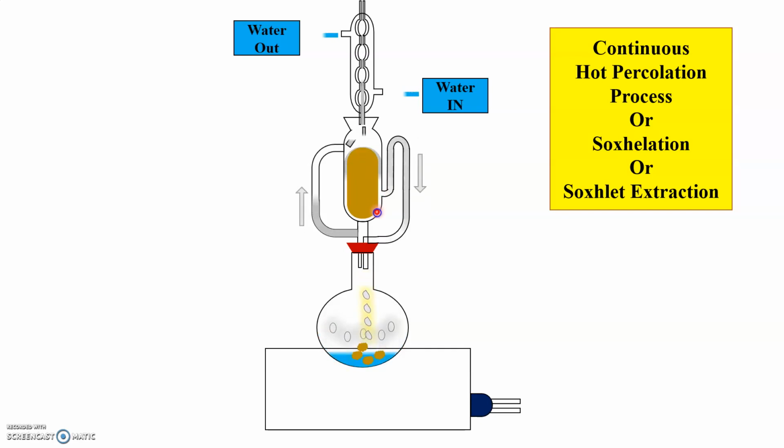And when the extractor gets filled, the siphon tube level raises up to its top, and in this siphon tube, the solvent containing the active constituent of the drug passes through the siphon tube and comes into the flask. The liquid again gets volatilized, and the soluble active constituent remains in the flask. So this cycle is repeated continuously. Normally the process is repeated about 15 times for a complete exhaustion of the drug.